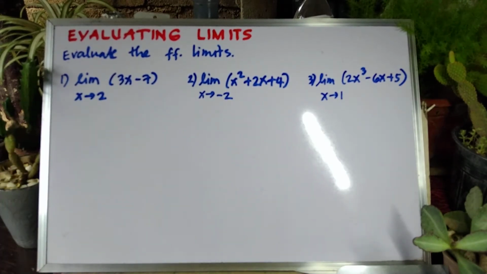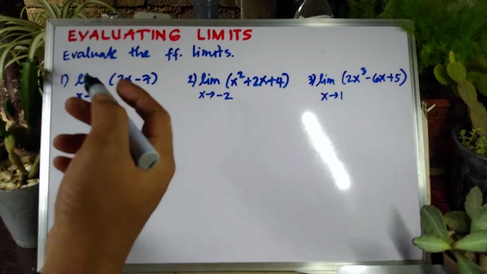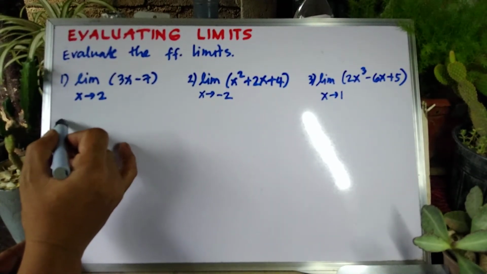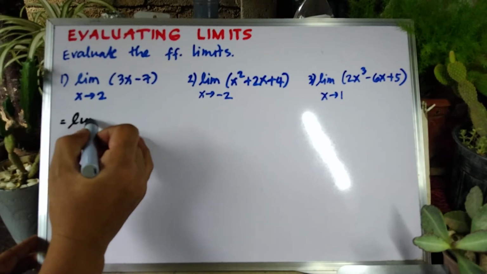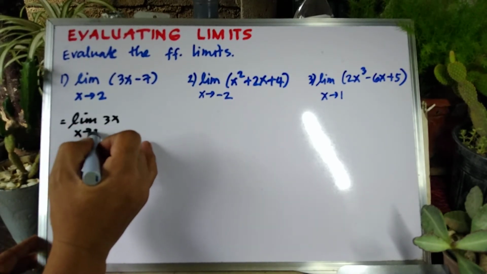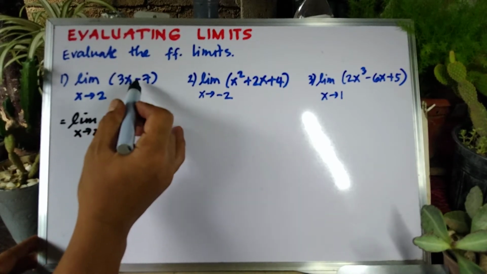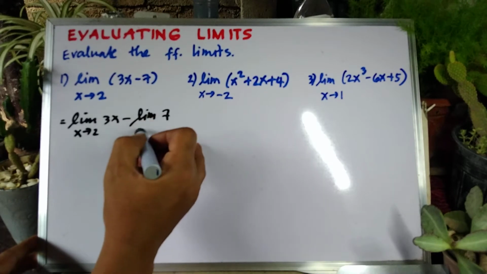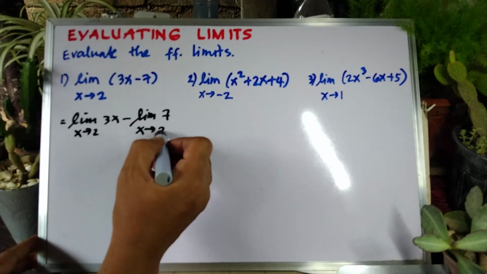Or, you can distribute the limit. You can have the limit of 3x as x approaches 2 minus the limit of 7 as x approaches 2.